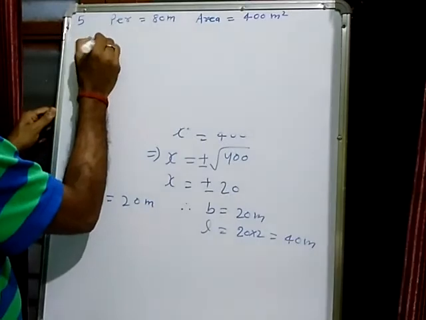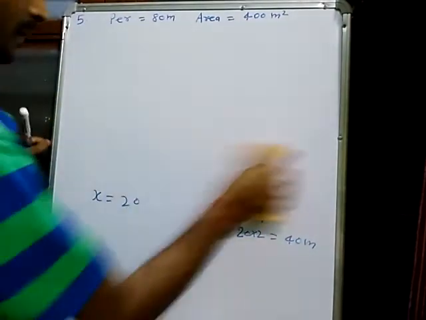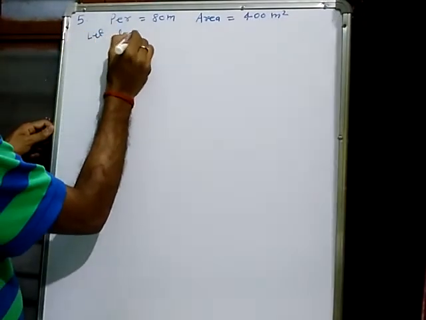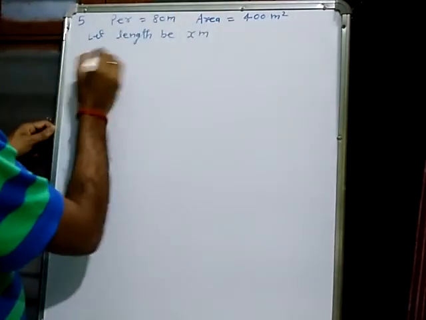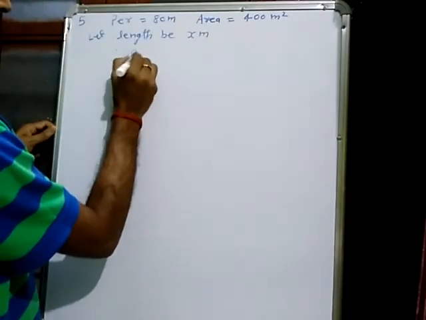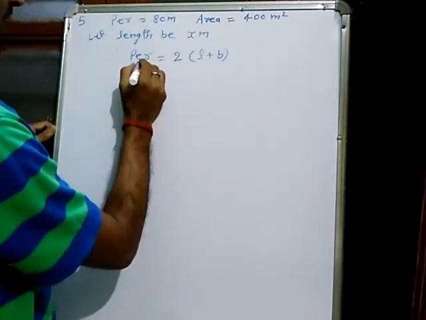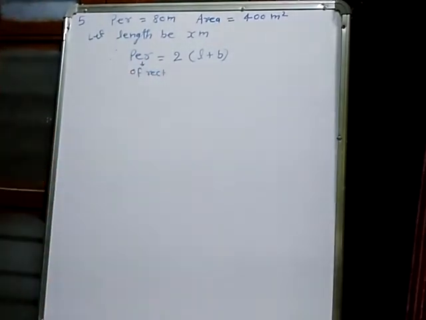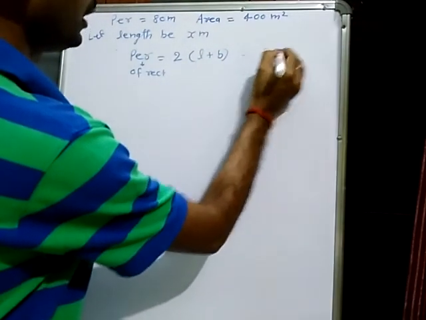So let, already you know, if I will consider its length be x meter. So since perimeter of rectangle is equal to twice of L plus B, and which is given equal to 80 meter, correct ना.